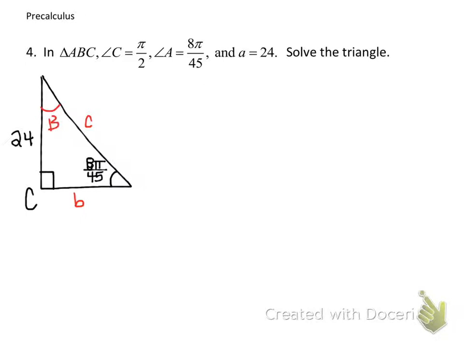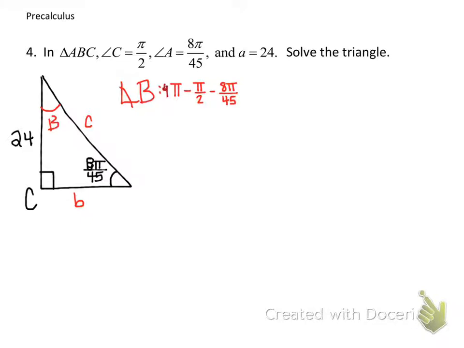So the first thing we're going to do is find B. Since we have 2 angles out of 3, to find angle B, we are going to take pi, subtract pi over 2, and subtract 8 pi over 45. If you did it manually, you need to find a common denominator, which is going to be 90.